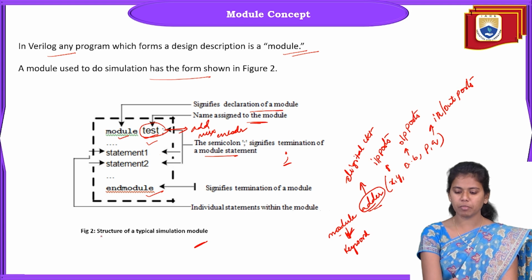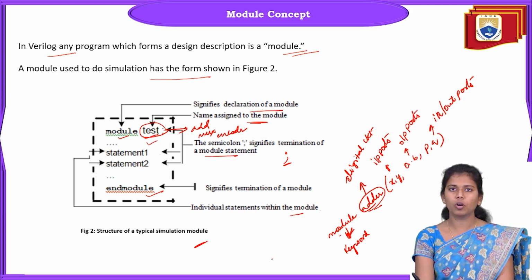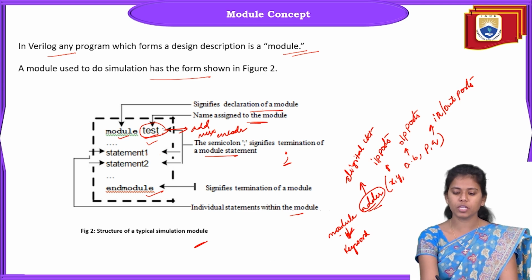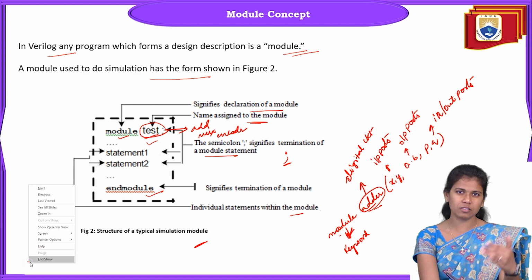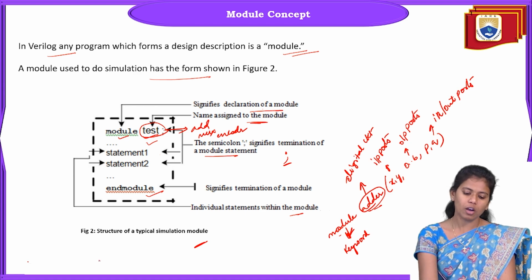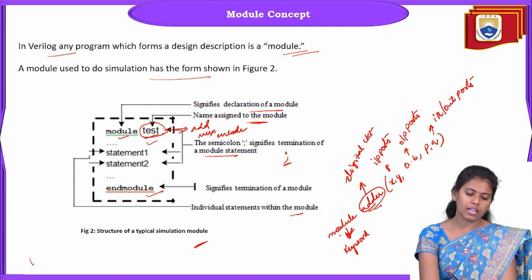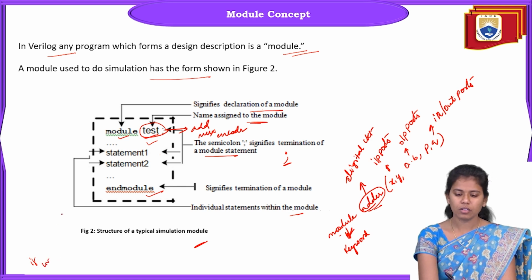Next, coming to the statements. These statements are nothing but individual statements within the module. For each module, you have some statements to be mentioned. As in C programs, these statements could consist of if-else statements, loop statements, do-while, like that.